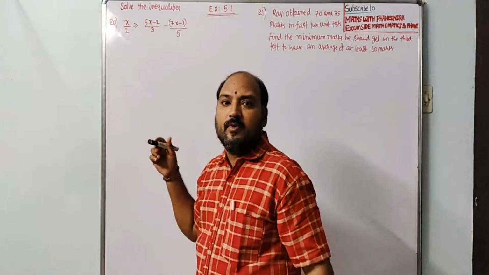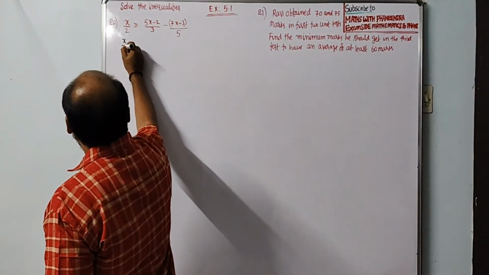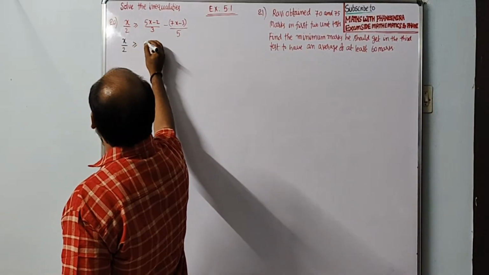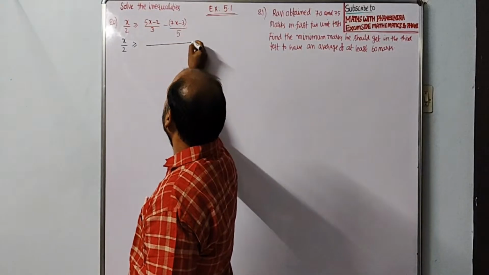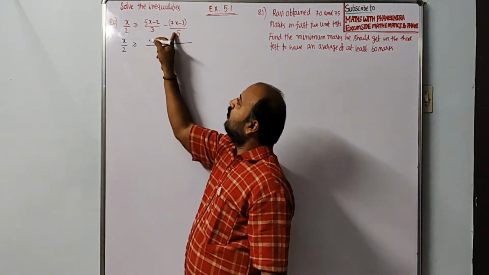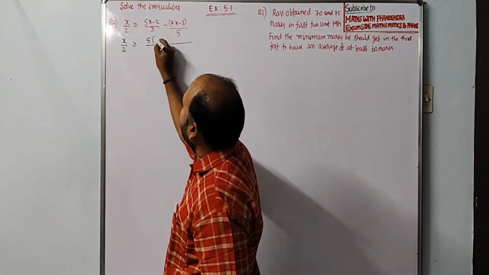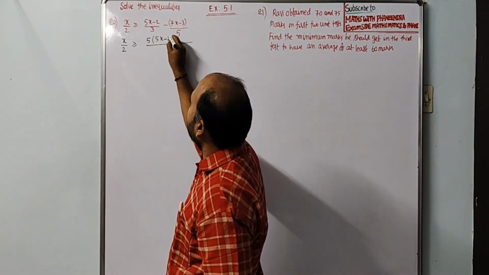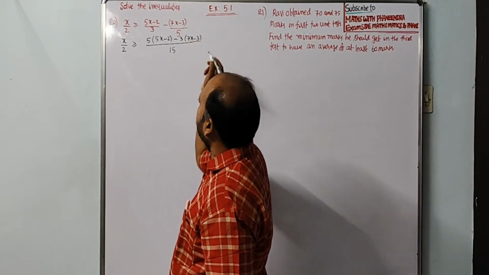So first we will solve this one. x by 2 is greater than or equal to, LCM for 3 and 5 is 15. So 5 into this value, 3 into this value. So 5 times (5x minus 2) minus 3 times (7x minus 3).